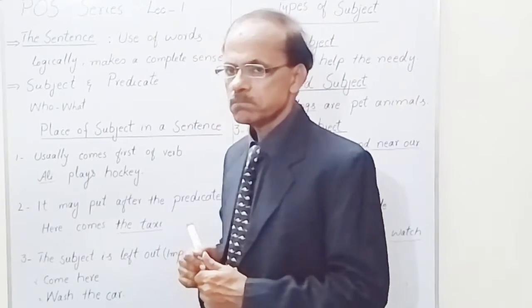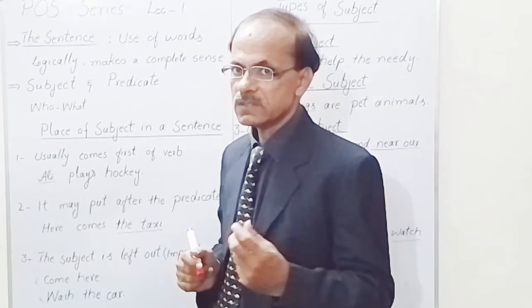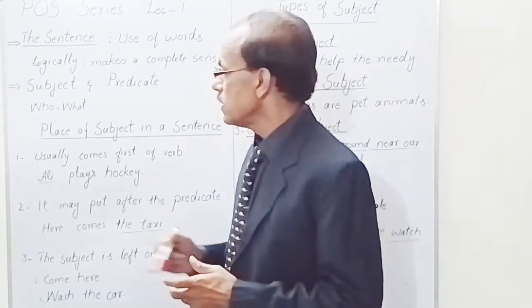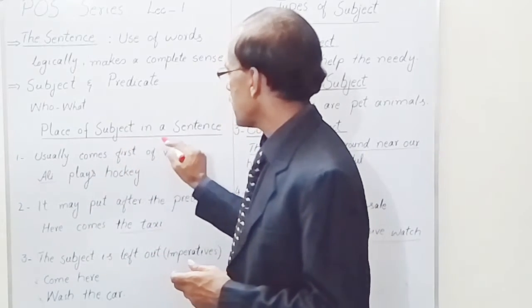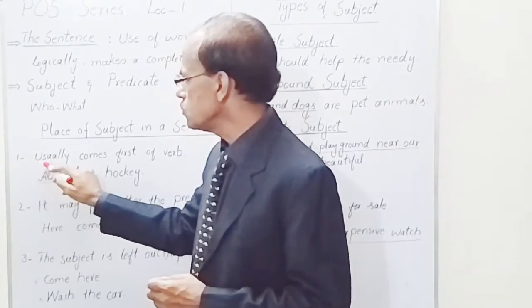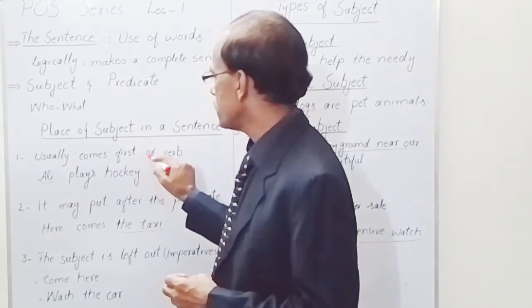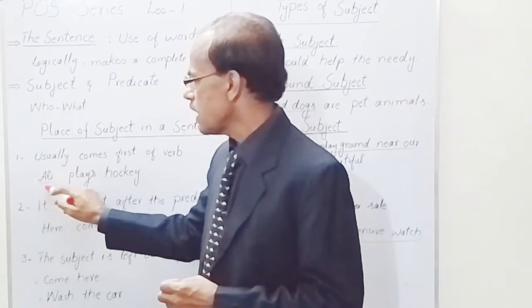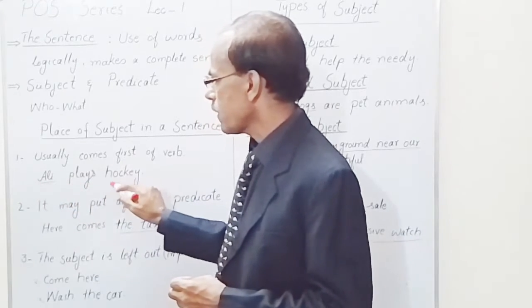Now there are two different places of a subject in a sentence. The first one is that it usually comes before the verb. Suppose there is a sentence, Ali plays cricket.